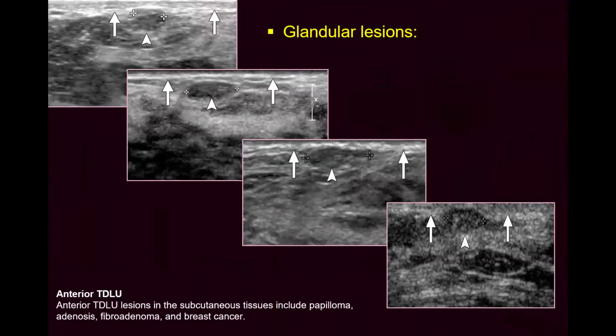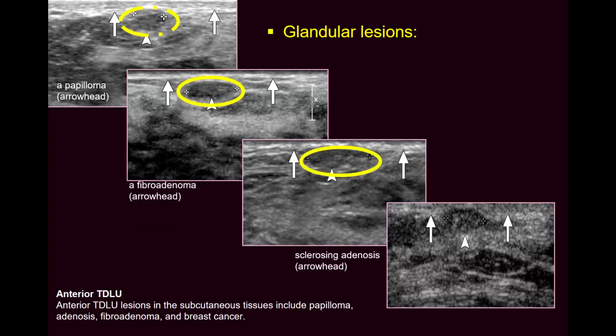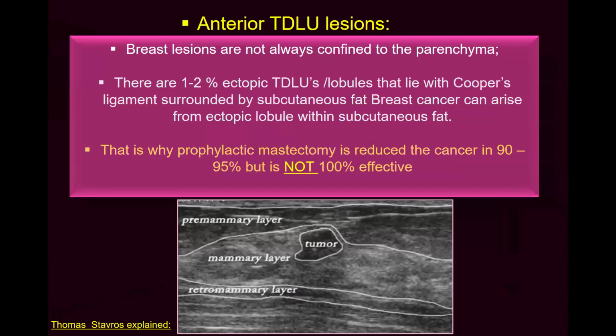Okay? Here we have different examples. Can you see all these examples? You see, all are just superficial. This is a papilloma. This is fibroadenoma. This is sclerosing adenosis. And this is ductal carcinoma in situ. Arises from anterior or ectopic TDLU.